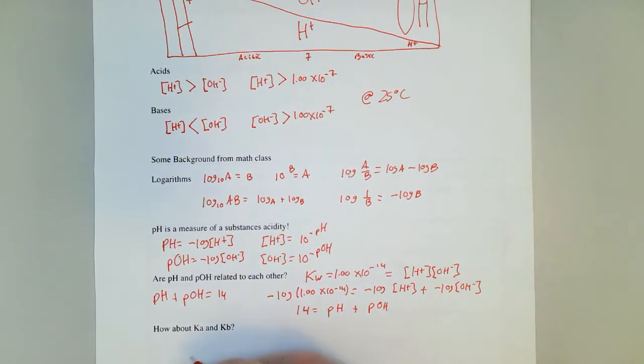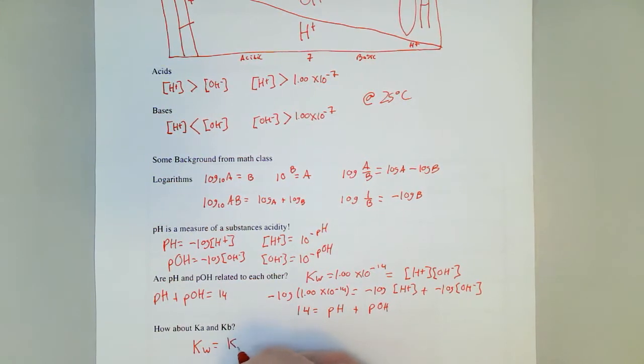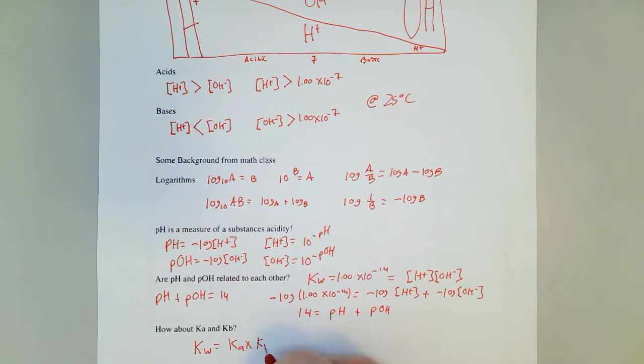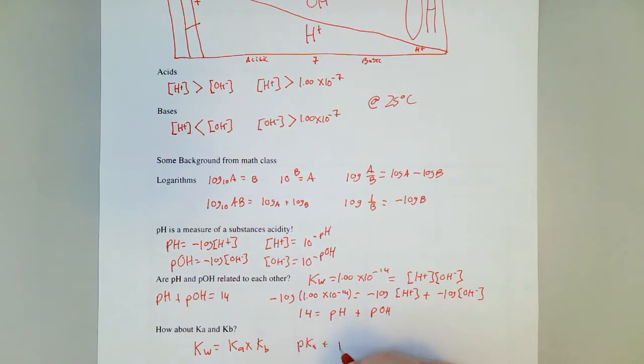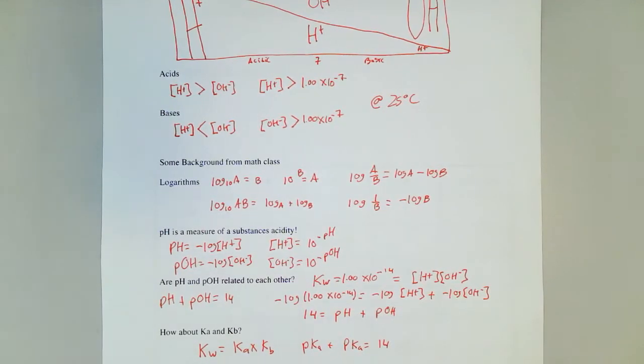So something similar here. Kw we showed was equal to Ka times Kb. So pKa plus pKb add up to be 14. All right? So we have said that typically the pH of pure water is 7.